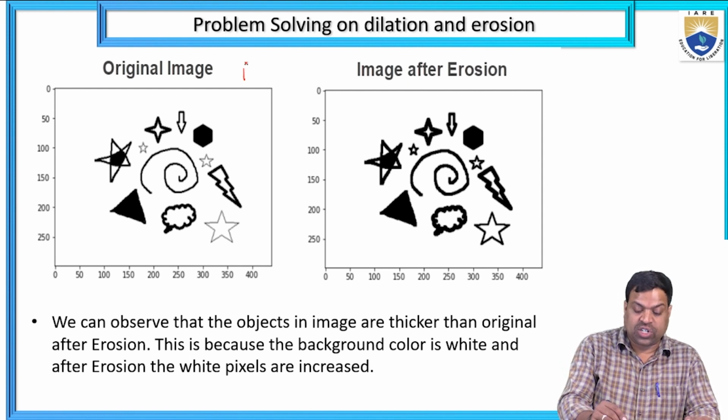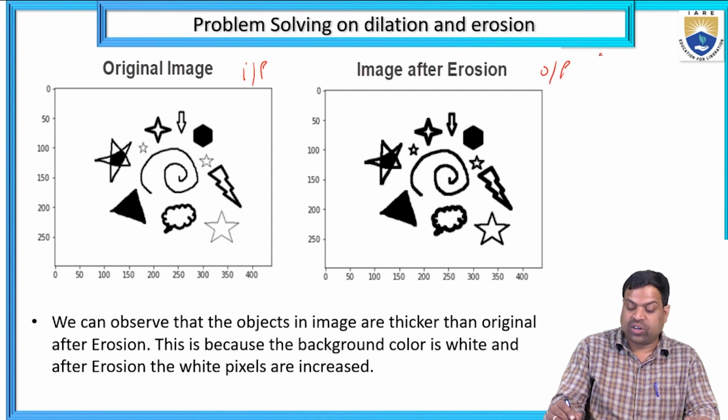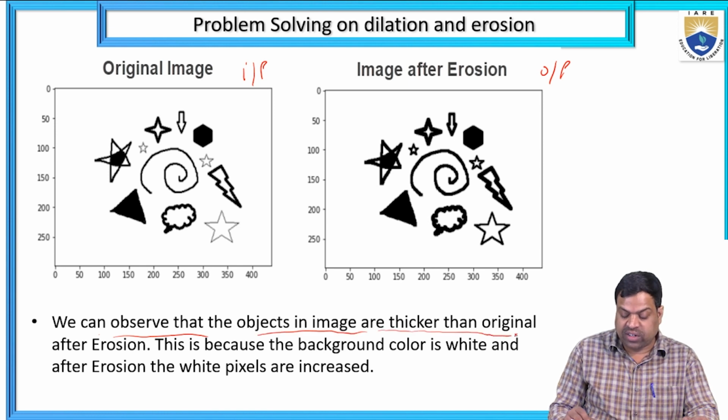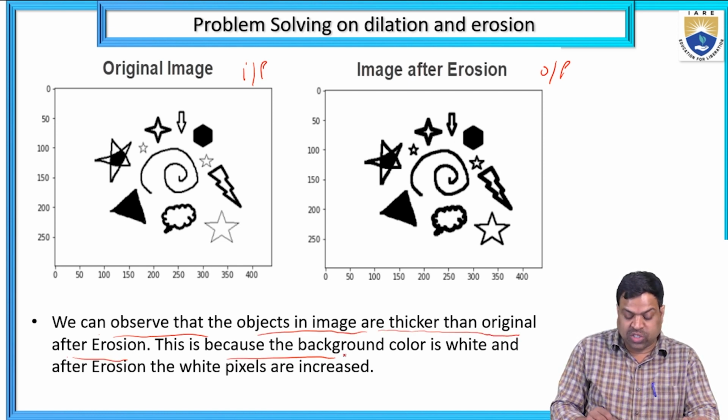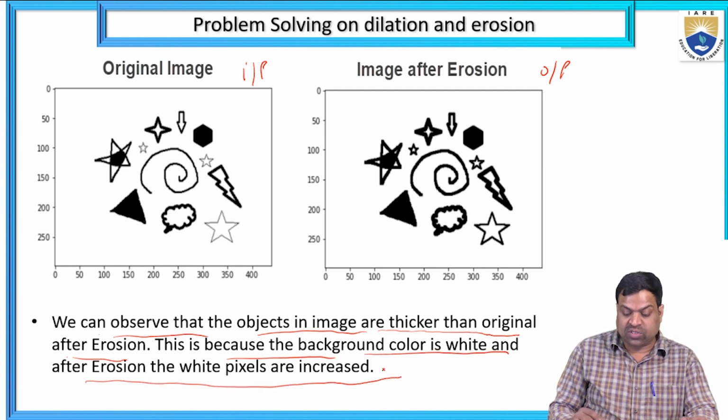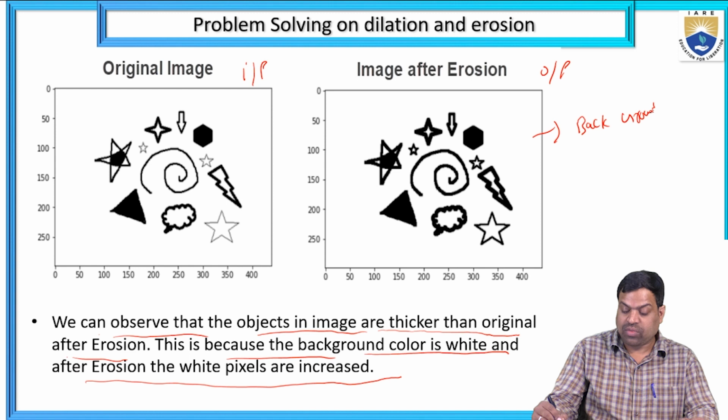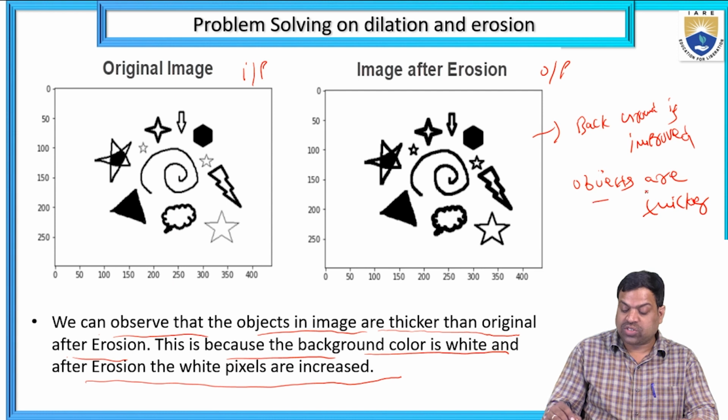Suppose here it is the original input image and this is the eroded output. What is the observation? We can observe that the objects in the image are thicker than the original after erosion. This is because the background color is white and after erosion the white pixels are increased. So we can see here the background is improved compared to this one, and objects are thicker.